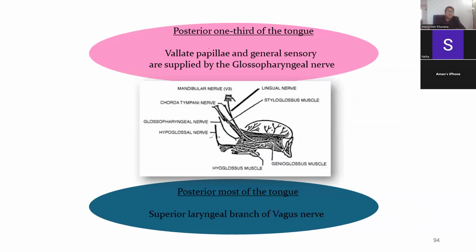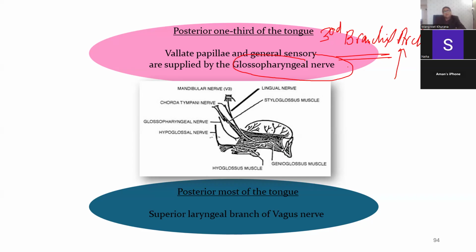Now, the posterior one-third of the tongue has the glossopharyngeal nerve. Why glossopharyngeal? Because it is derived from the third pharyngeal arch. Now I'll tell you a small trick just to remember things. If you forget the nerve related to the third branchial arch or vice versa, you can just remember that the posterior one-third of the tongue was supplied by the glossopharyngeal, and that the posterior one-third was derived from the third branchial arch.